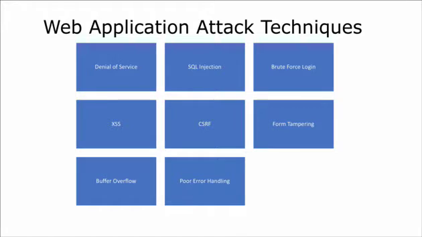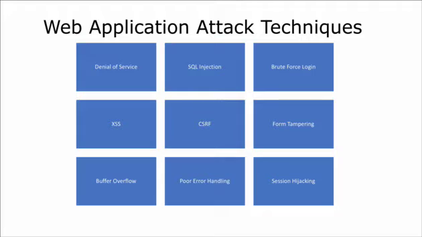Poor error handling we also discussed in the vulnerability slide, and that is where pretty much moving sites from development to production, leaving the debug mode on and allowing the attacker to actually get a whole bunch of information because the errors aren't being handled correctly, by information disclosure. Another form of poor error handling is buffer overflow, where the application throws an error but creates a vulnerability in the process. And then finally there's session hijacking, which we have covered in the previous module.